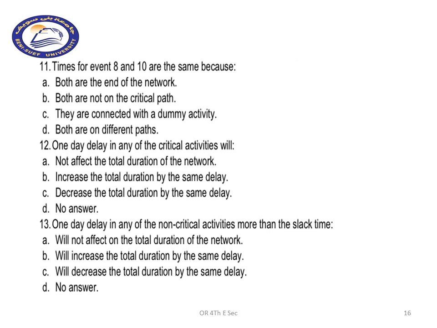So if we have just 1 week delay in any of the activities here in our network, it will make the whole duration not 34, it will make it 35, 36, etc. So 1 day delay in any of the critical activities will increase the total duration by the same delay. So the answer here is B.